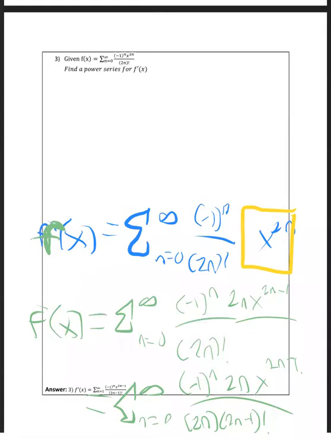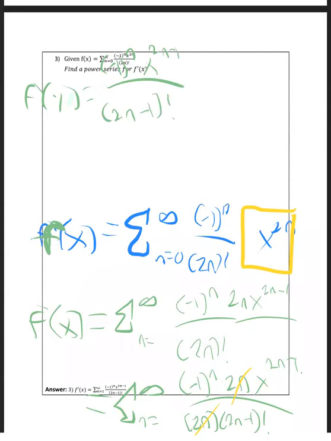Okay, these cancel. So we're left with f prime of x is equal to negative 1 to the n, x to the 2n minus 1, over (2n minus 1) factorial.